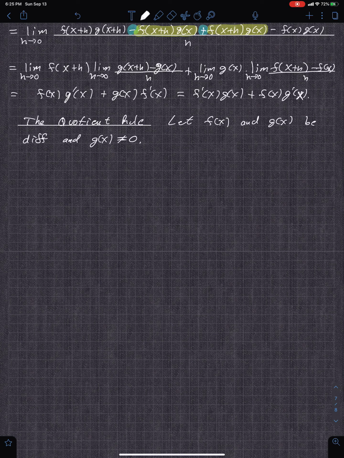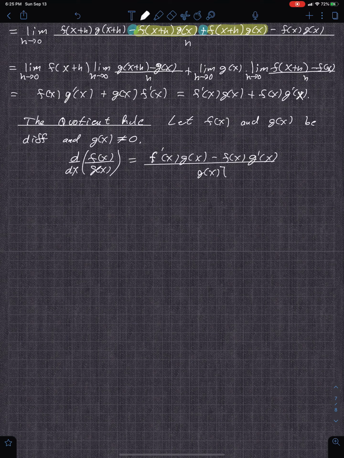So if you have d/dx of the quotient of f(x) and g(x), that's equal to f'(x)g(x) minus f(x)g'(x), all over the denominator, g(x) squared.